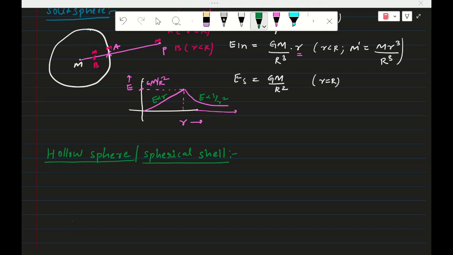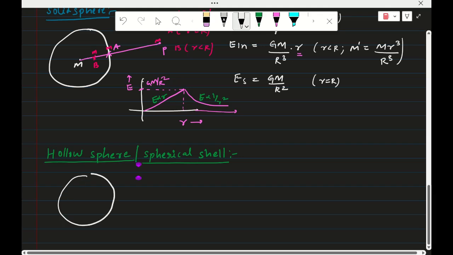Now let's consider a hollow shell. Inside there is no mass, right? The total mass is concentrated at M here, the center, but here no mass. This mass is concentrated for point P here.